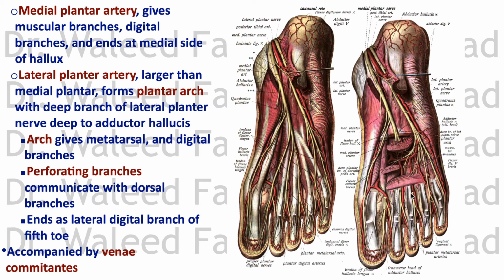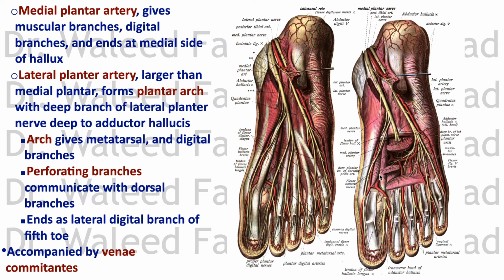There are proximal perforating branches and distal perforating branches between the plantar metatarsals and the dorsal metatarsals. It ends as the lateral digital branch of the fifth toe, as you can see here.